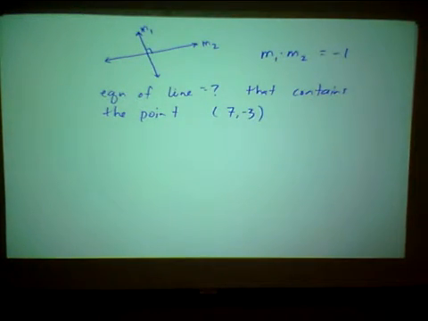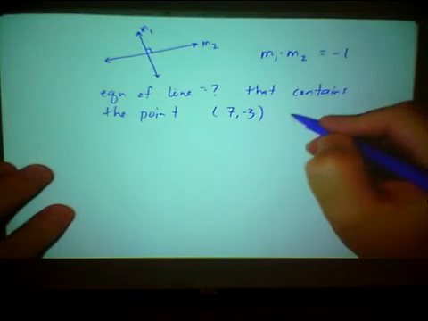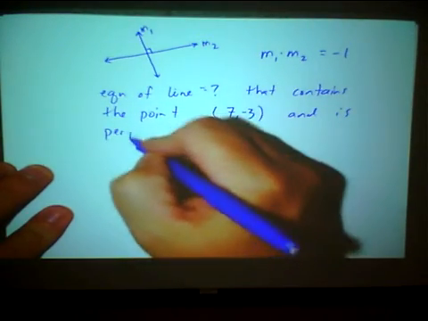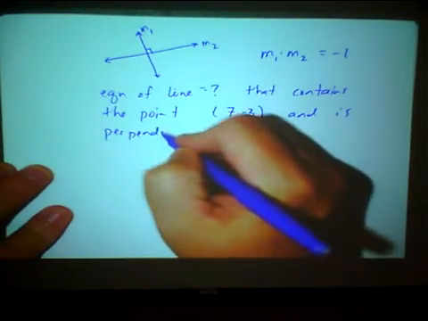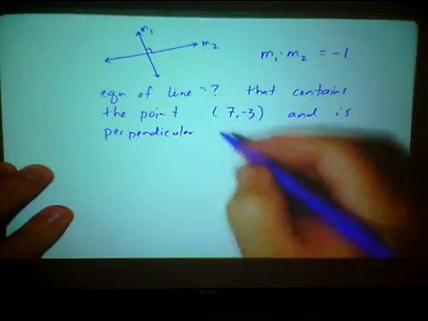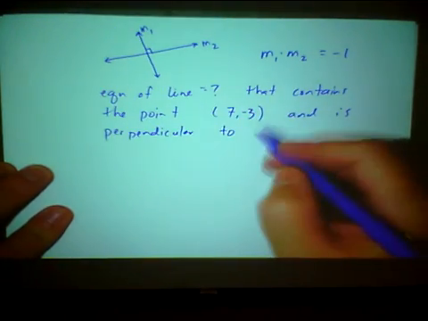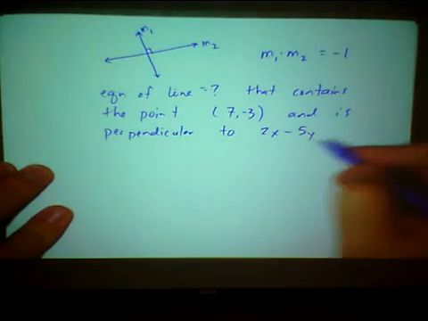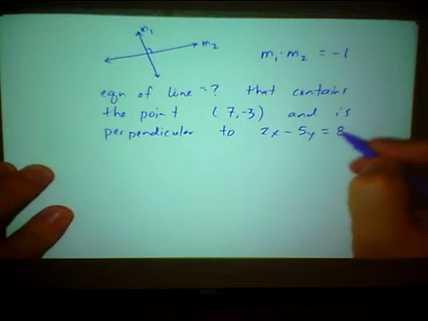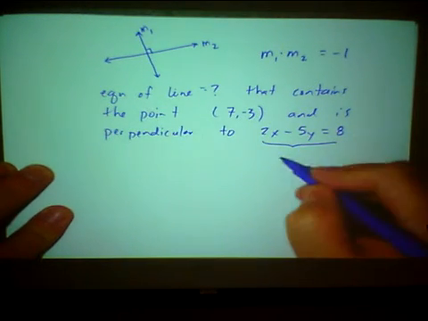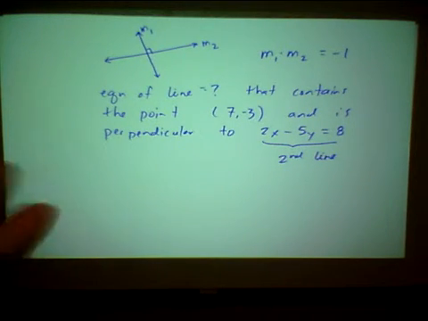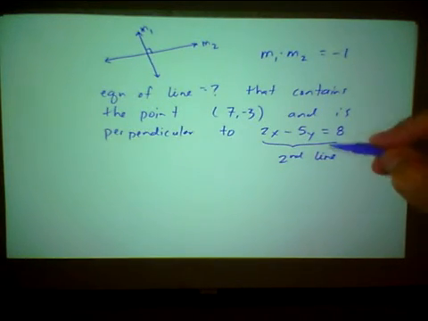So I'm looking for the equation of a line that has the point (7, -3) and is perpendicular to 2x minus 5y equals 8. So this right here is sort of like a second line. And the line I'm trying to find the equation of is perpendicular to this line.